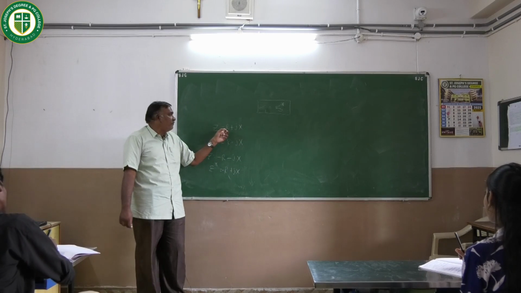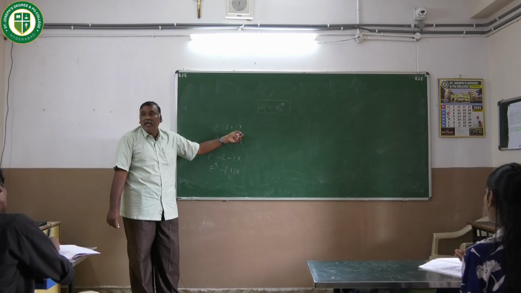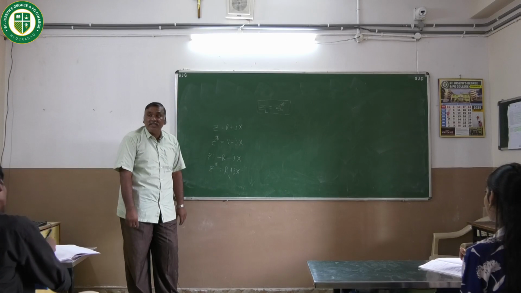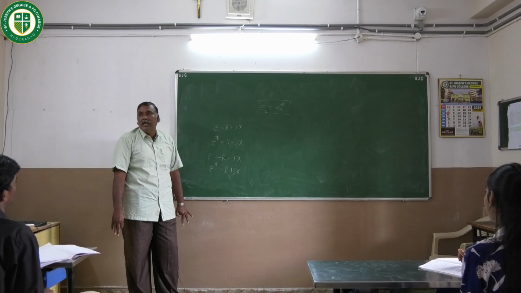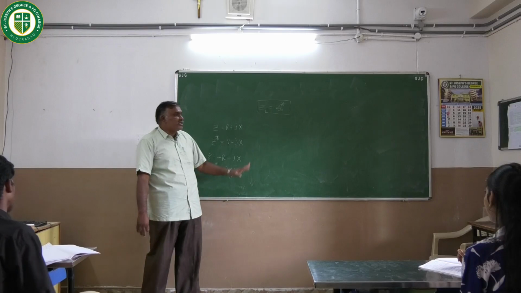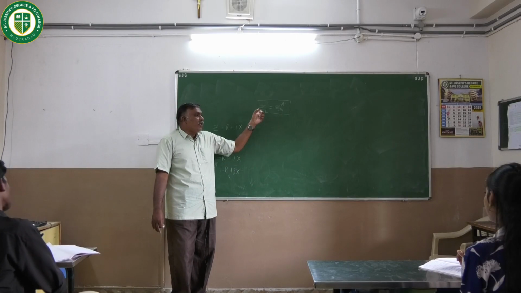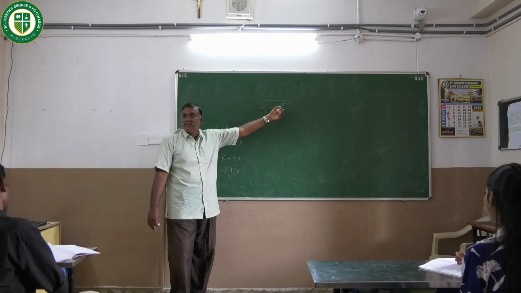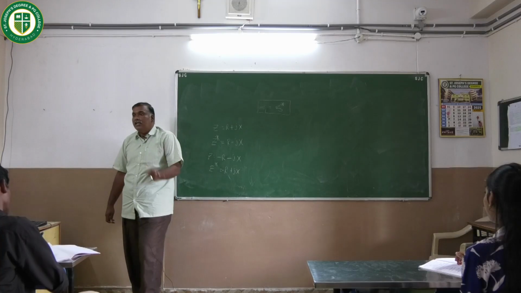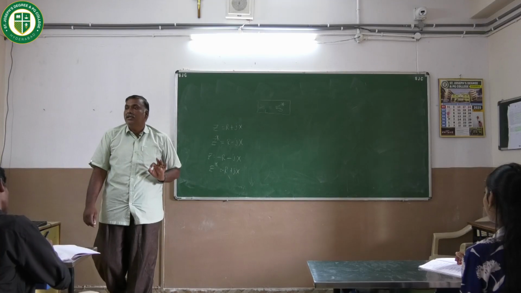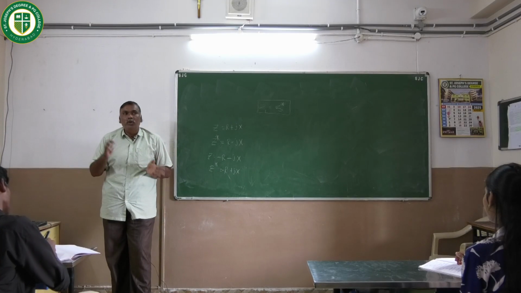So the combination of the real part and the imaginary part is called the impedance, which is the phasor ratio of voltage to current. The statement says that if the load impedance is equivalent to the complex conjugate of the source impedance, then the maximum power can be delivered from the source to the load.